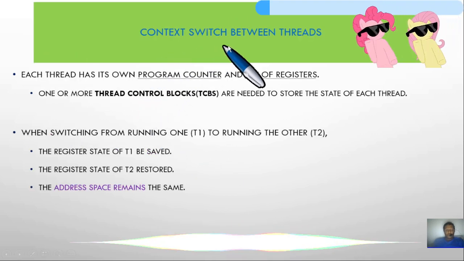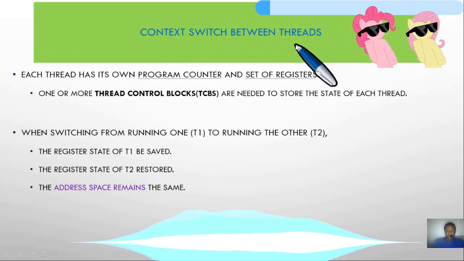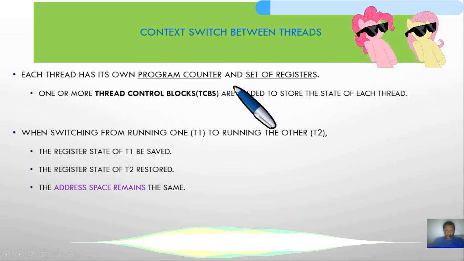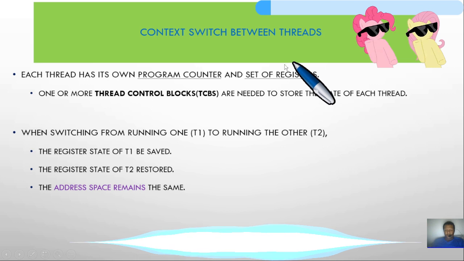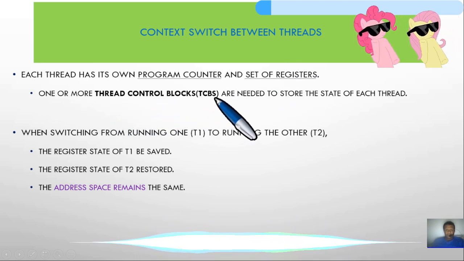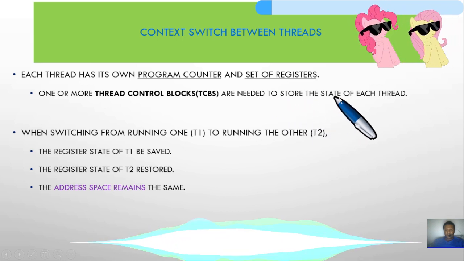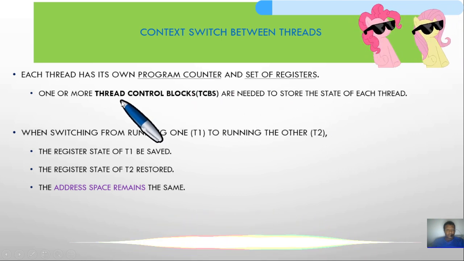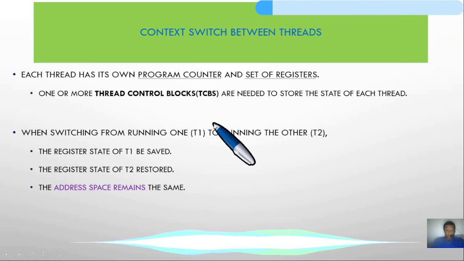And a context switch between threads is expected, as you know. Each thread has its own program counter and set of registers. One or more thread control blocks are needed to store the state of each thread. At the time of a context switch, the thread control block will be used.